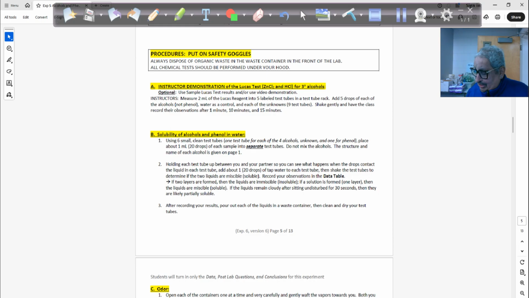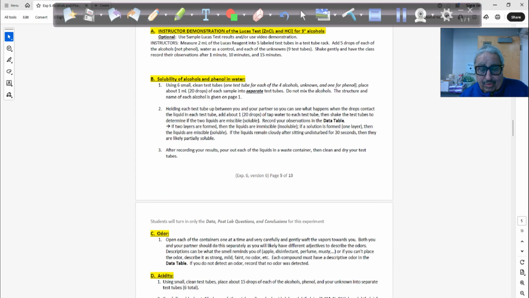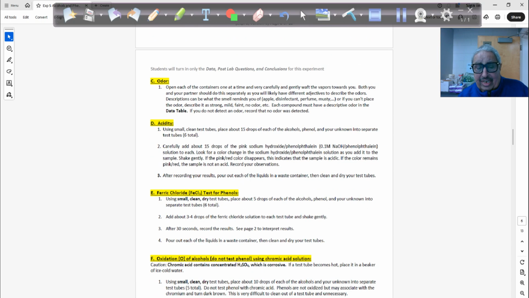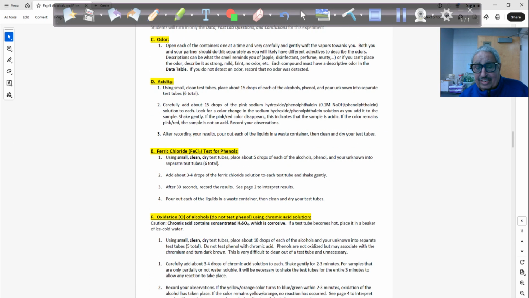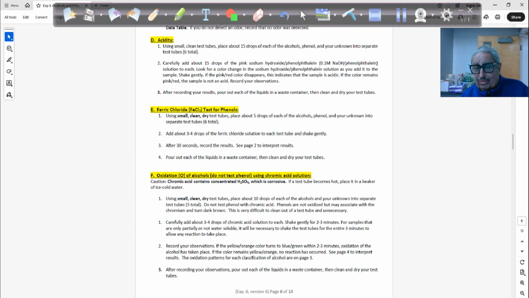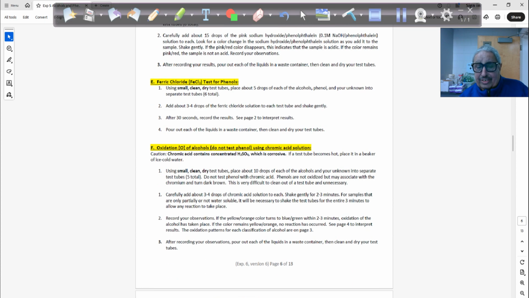Then the ferric chloride test for phenols gives a purple to violet color. And oxidation with chromic acid: chromic acid can oxidize the primary and secondary alcohols, and tertiary cannot, and phenols are not oxidized by chromic acid.